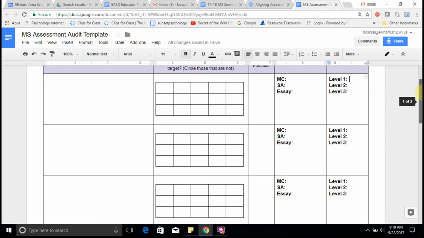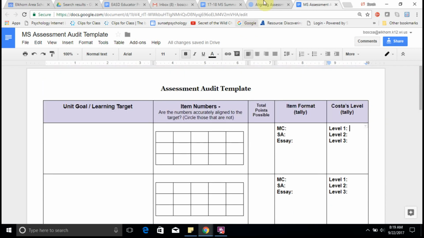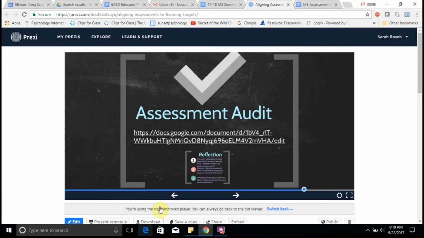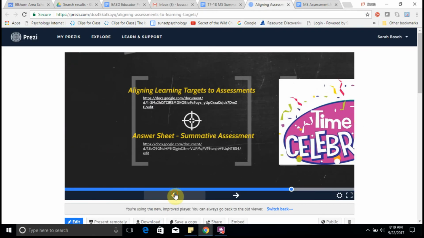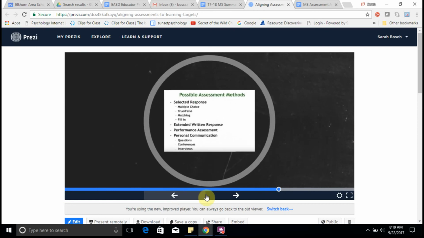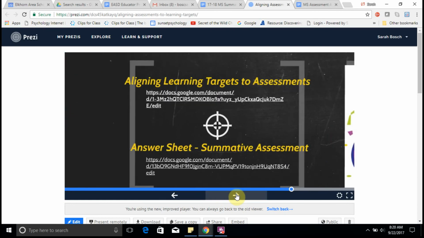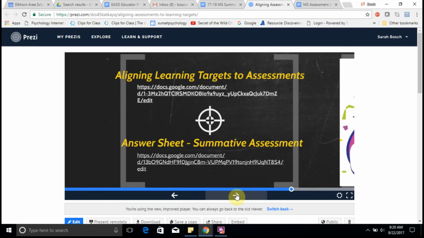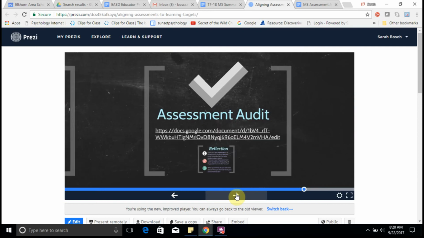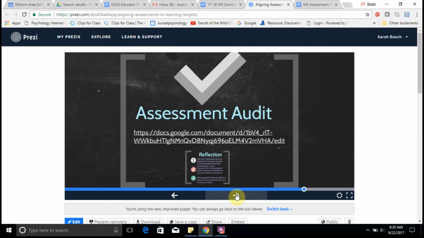This gives you a nice audit of your assessment, going back to those high quality pieces that we were talking about. So these are just 2 ways that you can use in your PLCs to check for high quality assessments.